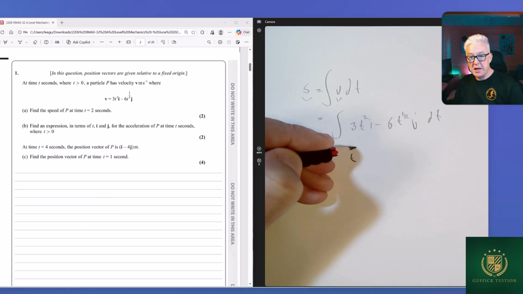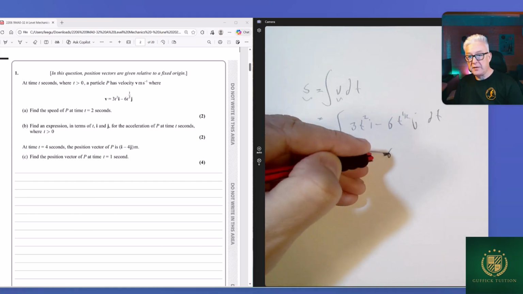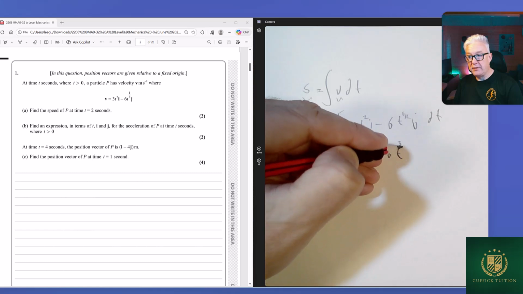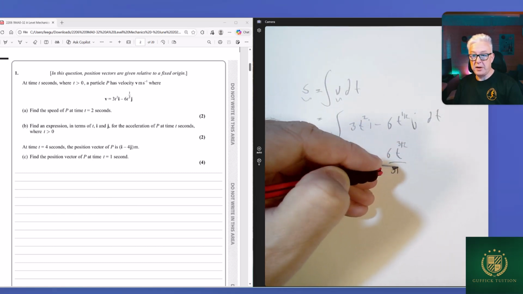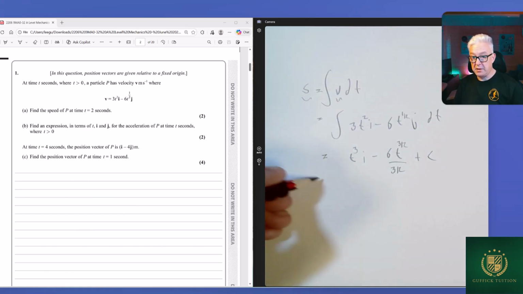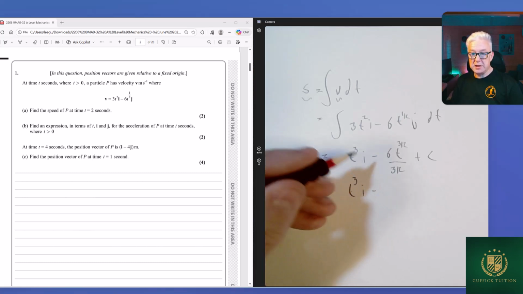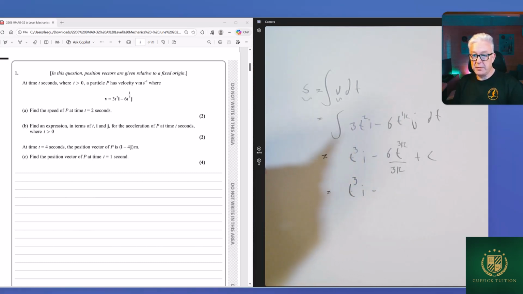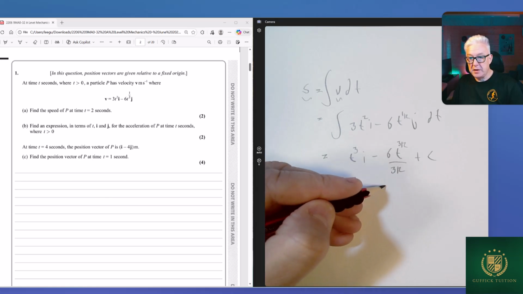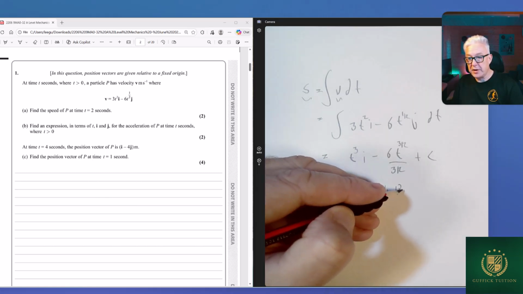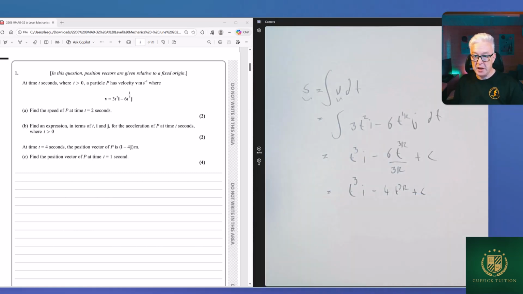So we're going to have t cubed i, then we're going to have 6t⁴ divided by 3/2 plus c. Okay, that's that crucial bit there. Dividing by 3/2 is the same as timesing by 2/3. So that is going to be 12 divided by 3, which is going to give us 4. So that's going to be minus 4t⁵ plus c. Okay, perfect.